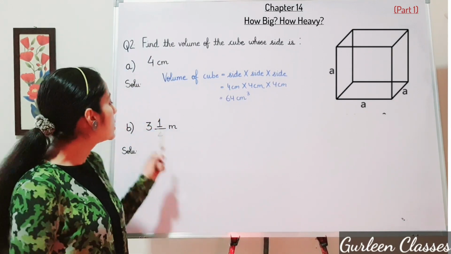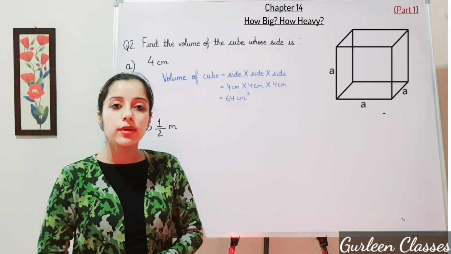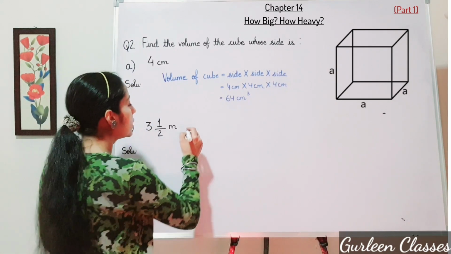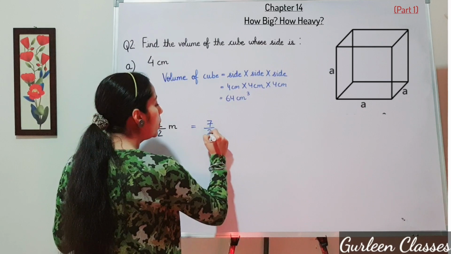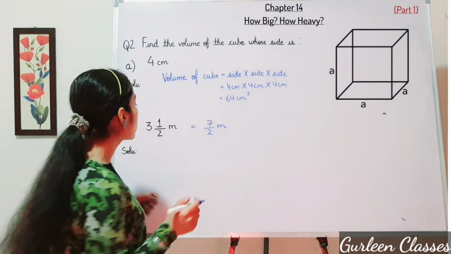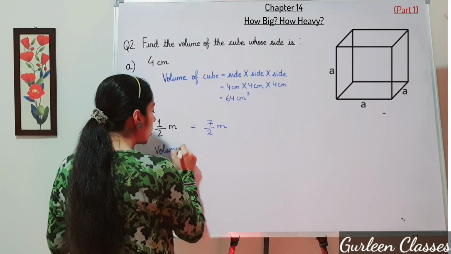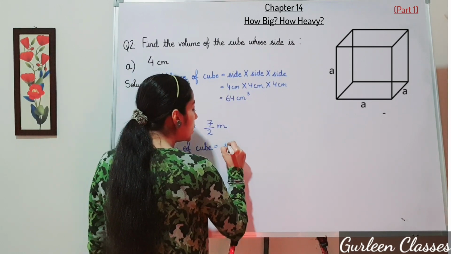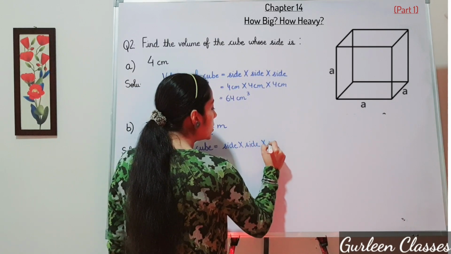Now B part: side is given 3 whole 1/2 meter. We have to convert this mixed fraction into an improper fraction. So let us convert this. 2 threes are 6 plus 1, 7/2 meter. Side is 7/2 meter. So write the formula here: volume of cube is equal to side into side into side.